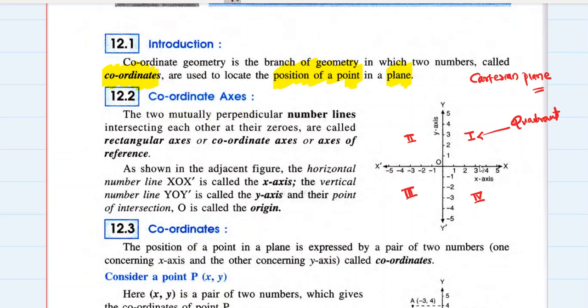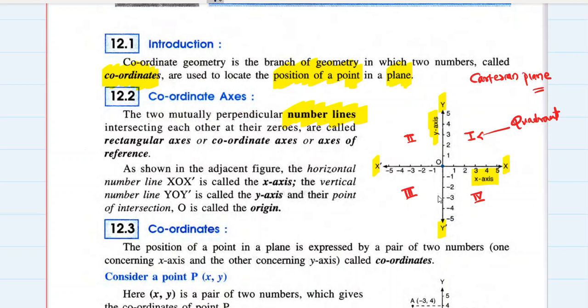The Cartesian plane is divided into four quadrants by two mutually perpendicular lines, which are just like your number lines. We have a horizontal number line x dash, which is also known as x-axis, and a vertical number line y dash, which is also known as y-axis. These two number lines are mutually perpendicular to each other, and they intersect each other at point O, which is also known as origin.